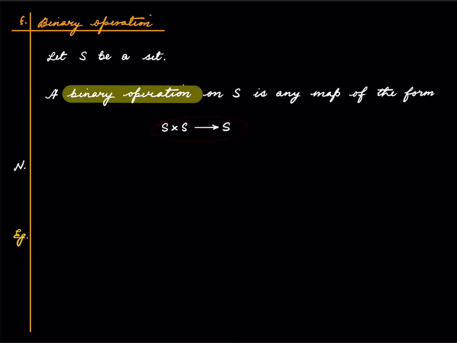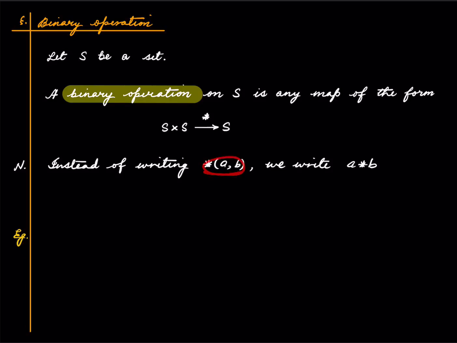It consumes a pair of elements from S and outputs an element in S. It could be denoted by F or whatever, but usually we use a star to denote it. And instead of writing star A comma B, we write A star B. This is a more natural way to write it.